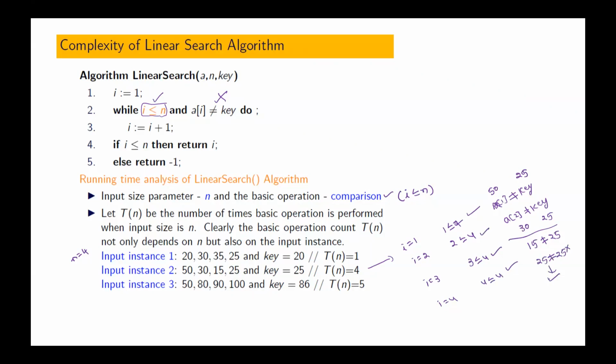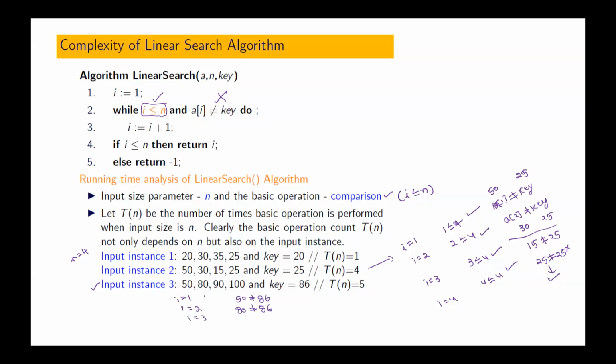Now let us consider instance 3. We are looking for key 86. How many times is the i less than or equal to n operation performed? First, i equals 1. 50 is not equal to 86, so i becomes 2. 80 is not equal to 86, so i becomes 3.